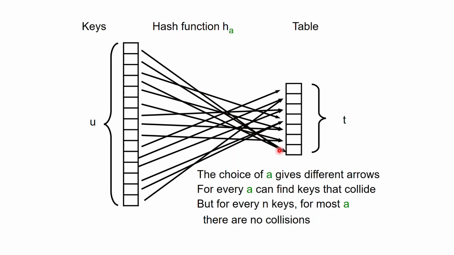And critically, this function h has a parameter, the subscript a here. This choice for the parameter gives different functions, different arrows here. This picture is for a specific value of a; a different value of a would have different arrows.